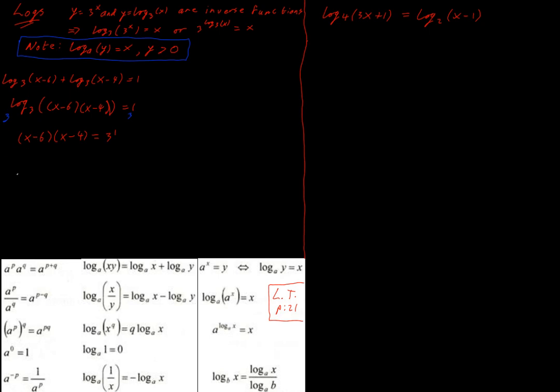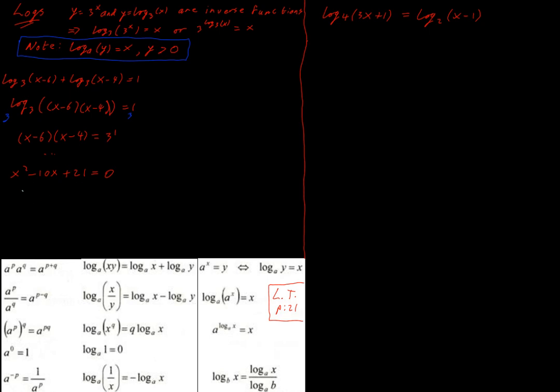Now I multiply out this quadratic, which I know how to do, and when I multiply out that quadratic, I will end up with, a little bit of work later, x squared minus 10x plus 21 is equal to 0.